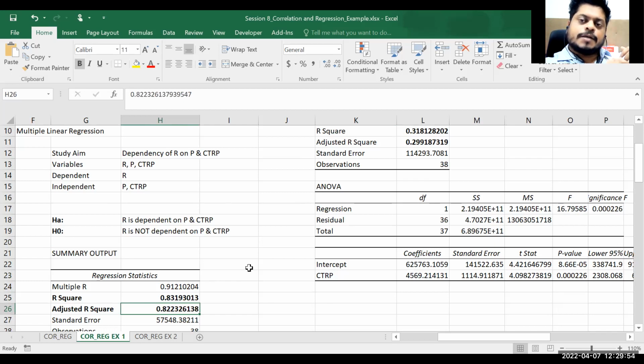So adjusted R square, what I said is, penalizes you if you add a number of predictors, but that predictor, if it is unnecessary, if that predictor does not add value, basically does not decrease your error. Add value means it will increase the explanation, which means decrease the error in the model.